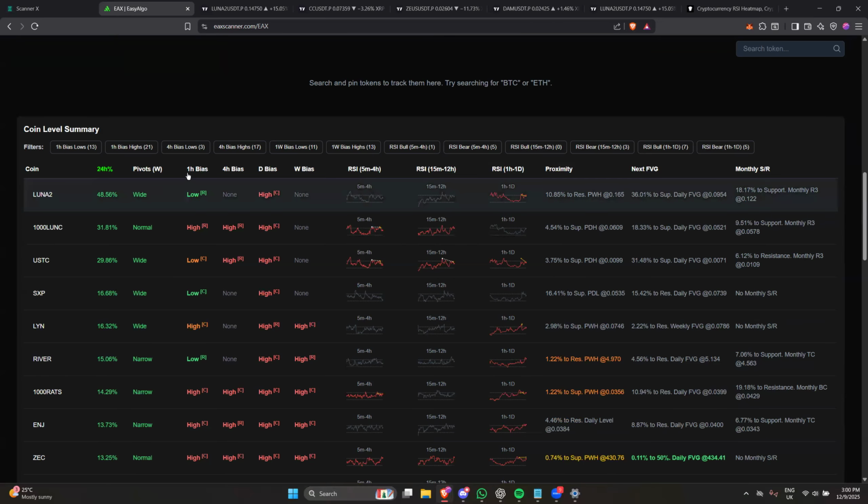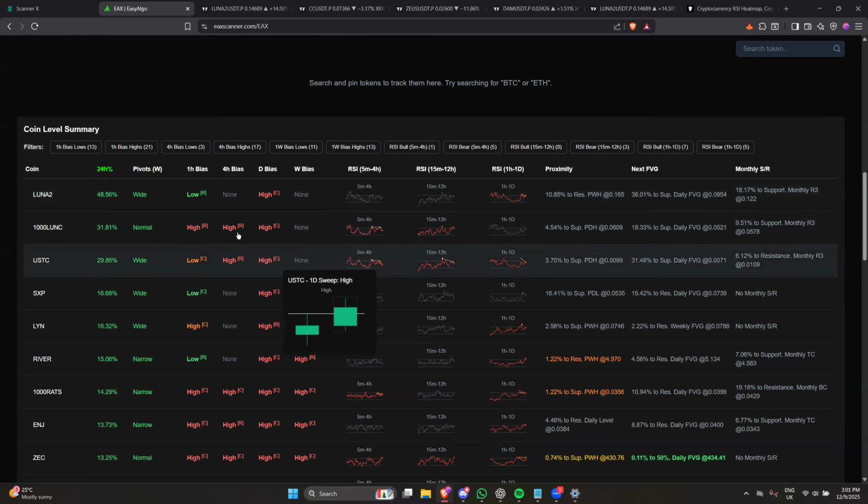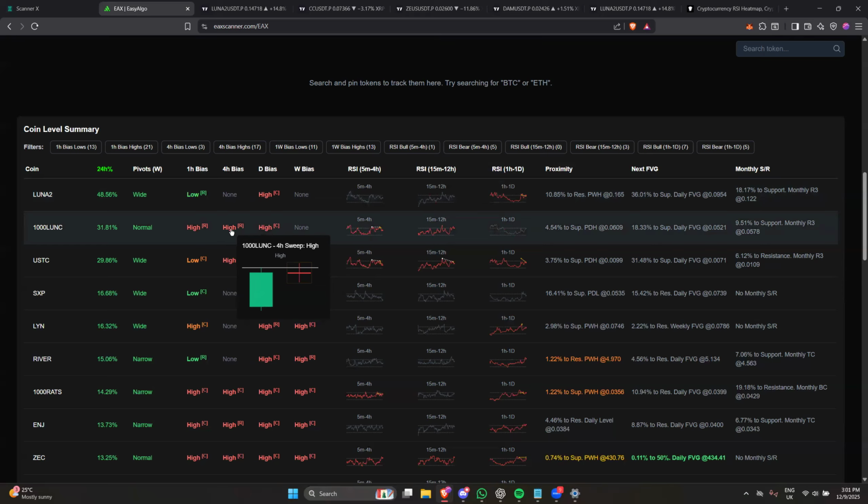Below here, of course, you've got your 1 hour buyers, 4 hour buyers. These are sweeps. This would be like high continuation. You'll see there's been a 1 day sweep. That second candle is swept, but it is still in continuation, so the price hasn't dropped below the sweep. If it is a sweep and then price drops, you'll see it also indicates a red candle there and now the price is below.